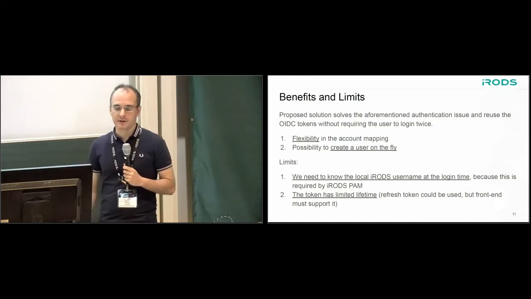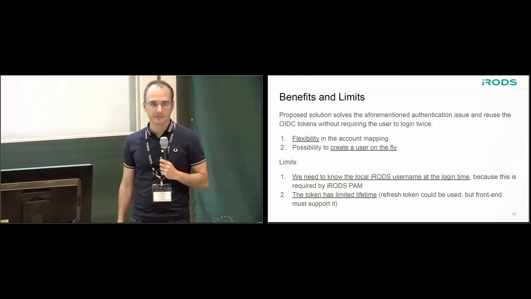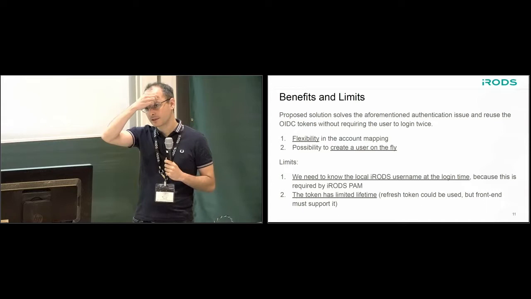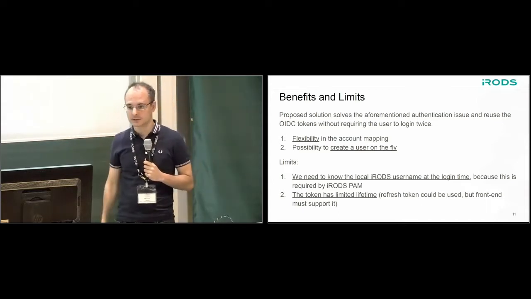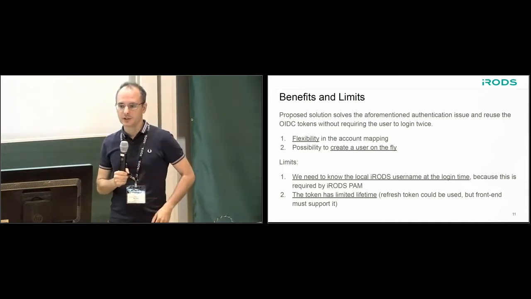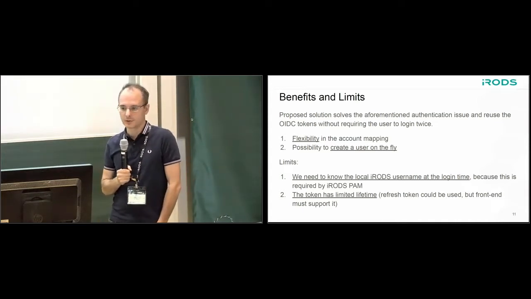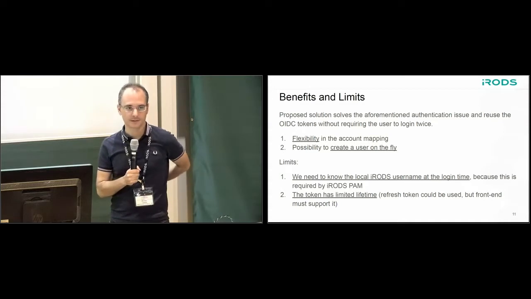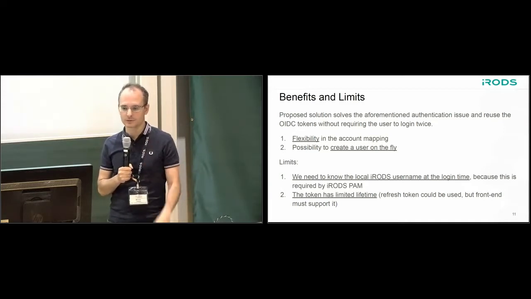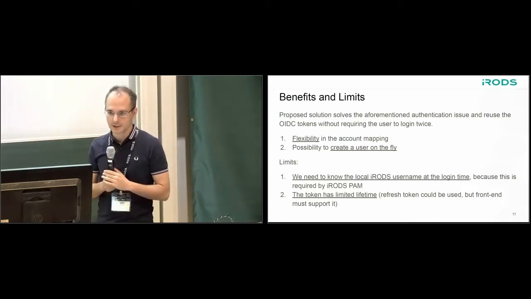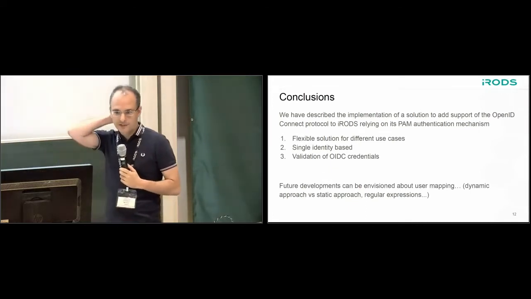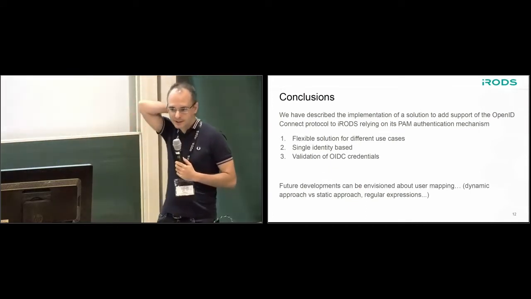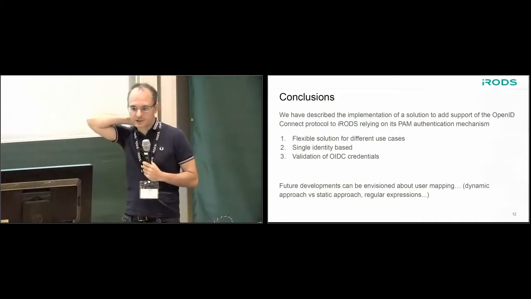Benefits and limits: we have good flexibility. The user, if it doesn't exist, will be created on the fly to have a new account. Limits: we need to know the local iRODS username when you log in, because PAM requires it. So you cannot just go inside. And the token has a limited lifetime. We have a flexible solution, single identity based, validation of OIDC credential.